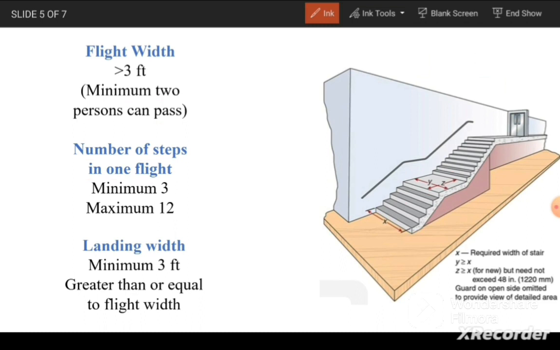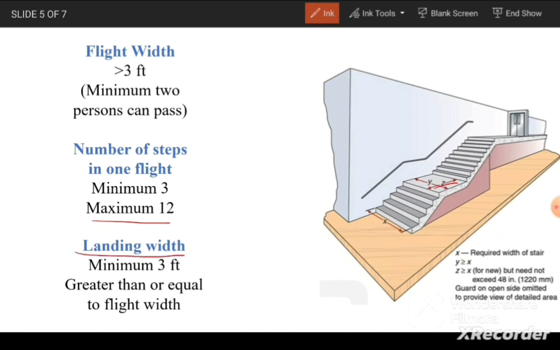If we provide more than 12 steps, it will become difficult to climb that stair, and the person climbing will tire. So we need to limit the number of steps in a single flight to 12 or fewer. And we need to provide a landing after 12 steps or at the change in direction of the stair.